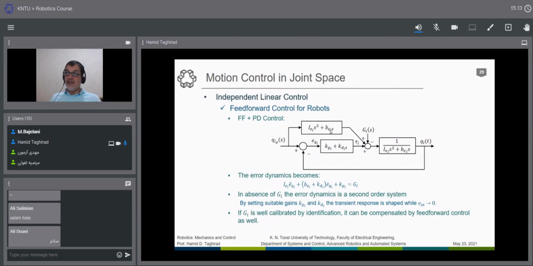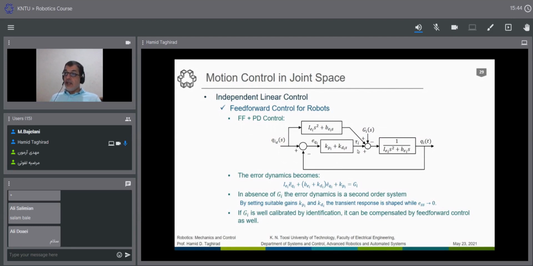This also should be S squared. So exactly the denominator of here comes in as the numerator of here. Of course, in real implementation, we should take care of that because this is non-proper. We can implement that in a high bandwidth frequency by adding some filter, some poles at the bottom.